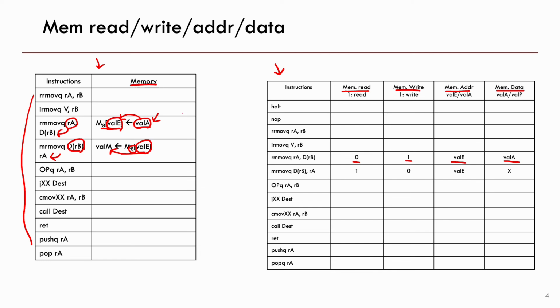Since it is a read instruction, we select 1, and since it's not a write, we select 0. The memory address is from valE, and since it is not a data write, we don't care about the input data. Then you can fill up this table for the other instructions yourself, and then implement those four control signals.